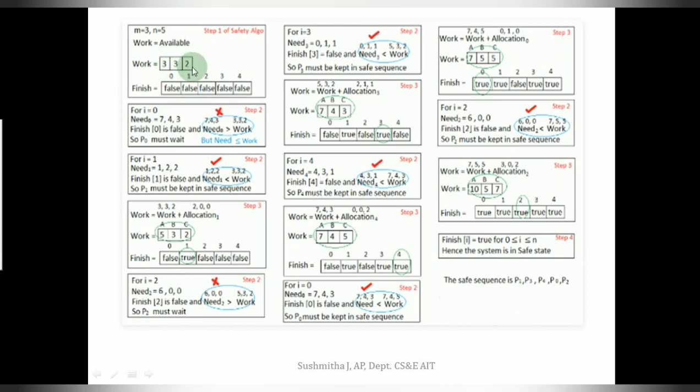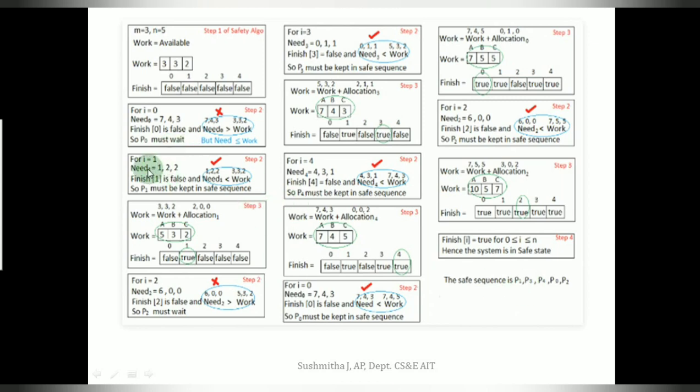Please treat these numbers individually. It is 7, 4, 3, not 743. Fine. Having said that, now 7 4 3 is greater than your 3 3 2. So I cannot satisfy the first process, that is P0. That is why P0 is not a part of the safe sequence.